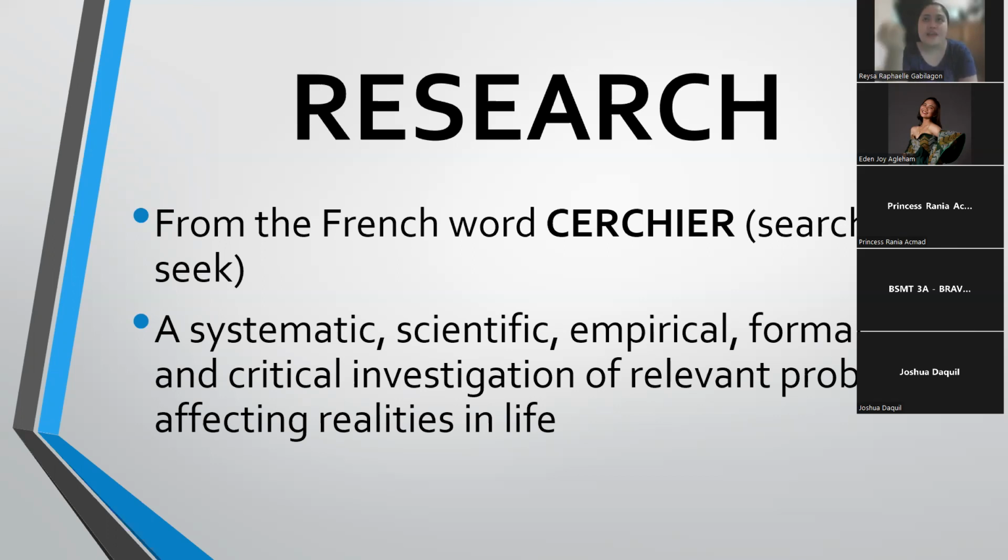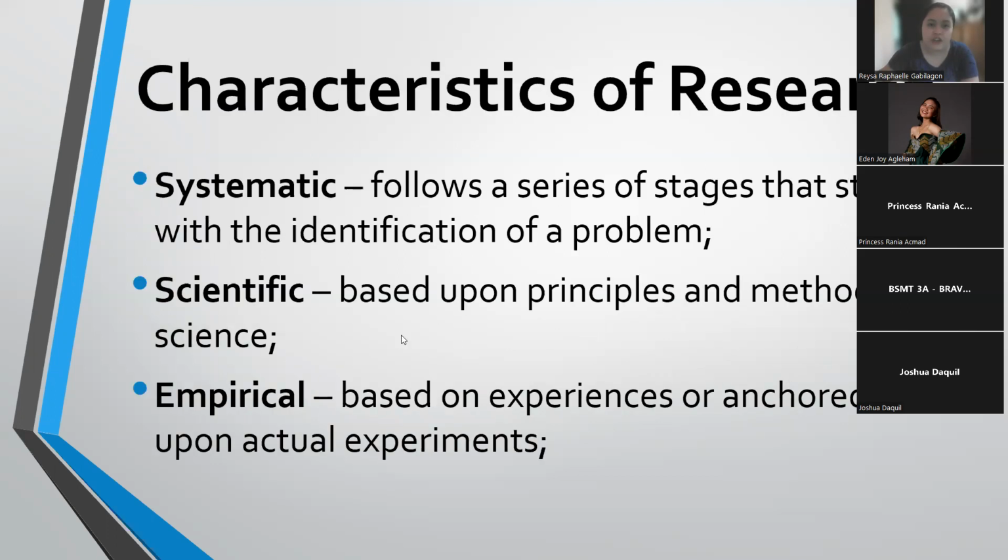Okay? And then when you say research, we have the following characteristics. Actually, yung nakasulat dito, ito na yon. Characteristics of research. For research class, we follow a series of stages. Yun yung present ko sa inyo last time. And that makes research systematic.